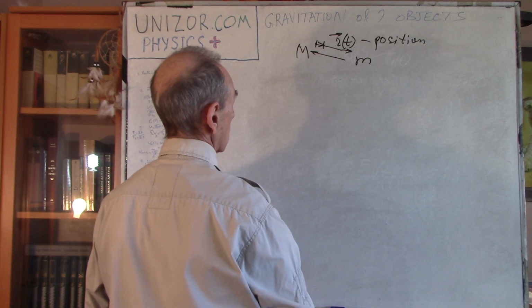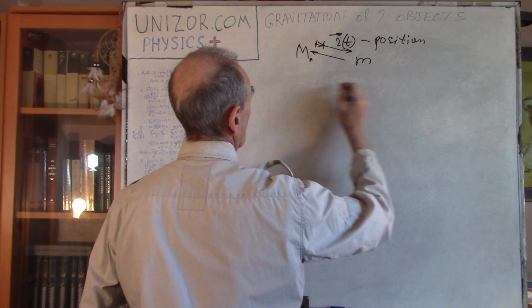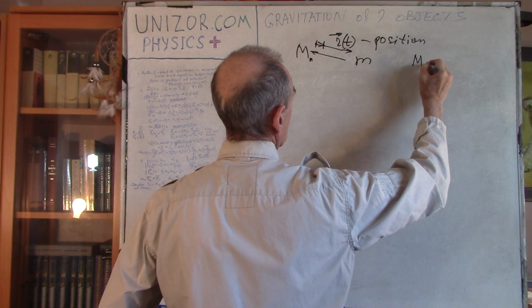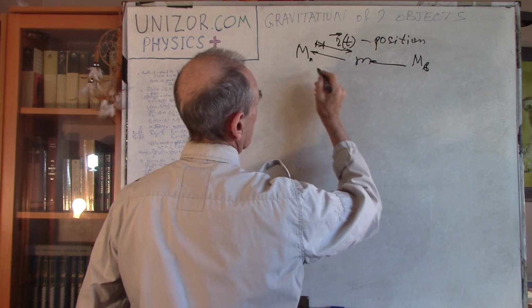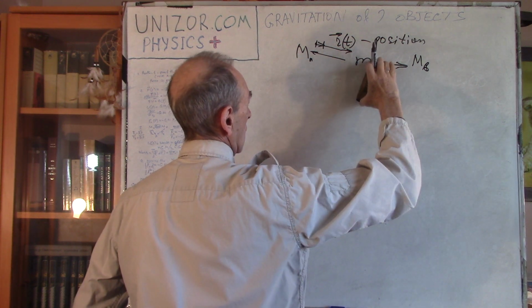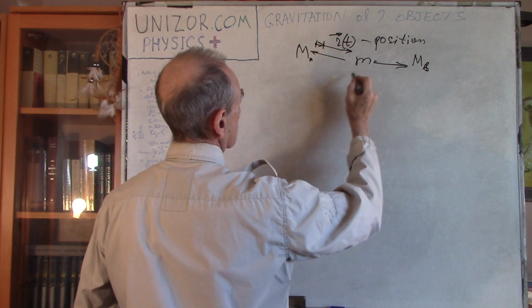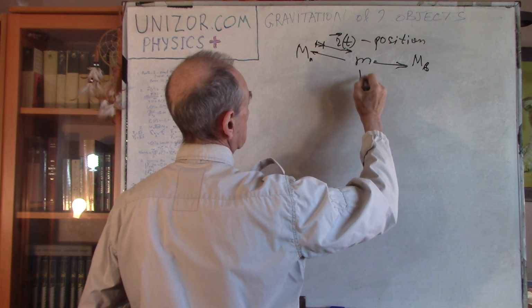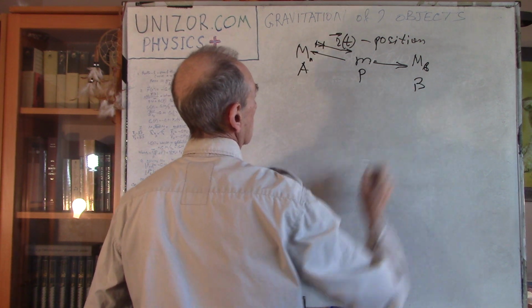So you have M A and you have M B. The force goes this way. This is, let's say, point P where we are measuring. This is point A, this is point B.